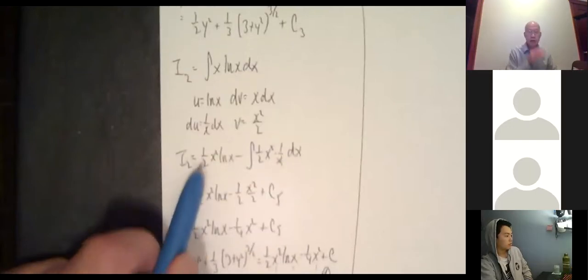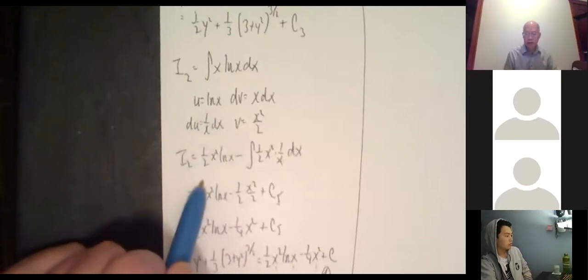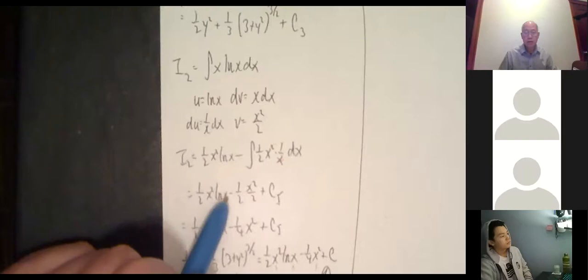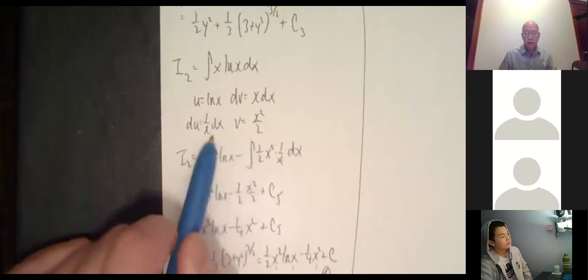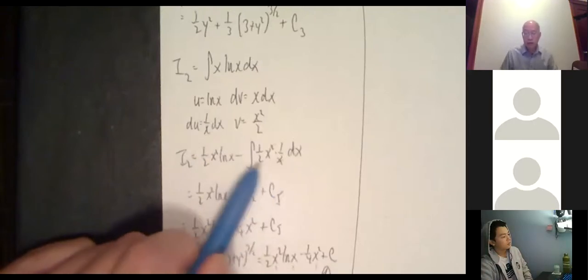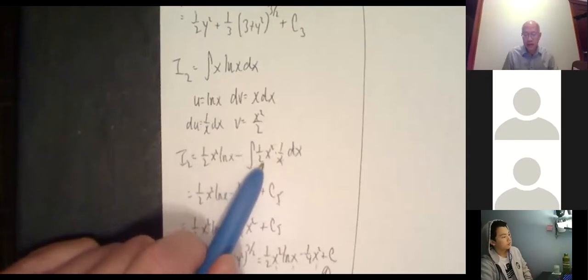Okay, so I2 is uv, 1/2 x squared ln x, minus the integral of v du. So minus the integral of 1/2 x squared times 1/x dx. It looks like you can cancel an x here. So you're basically integrating 1/2 x, is that right?